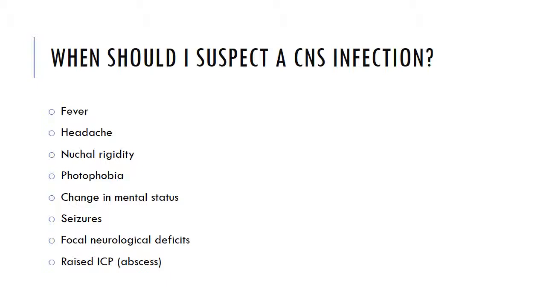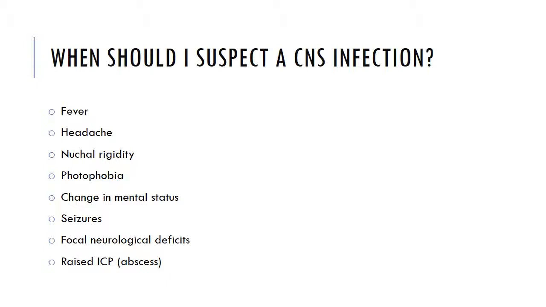So, as I said before, CNS infections are very dangerous, and you want to make sure that you don't miss it on your differential list. So whenever you have a patient that comes in with a fever and a headache, nuchal rigidity, so that's neck stiffness, photophobia, or a change in mental status, seizures, focal neurological deficits, and in the case of an abscess, a raised ICP, because an abscess in this case functions as a mass.